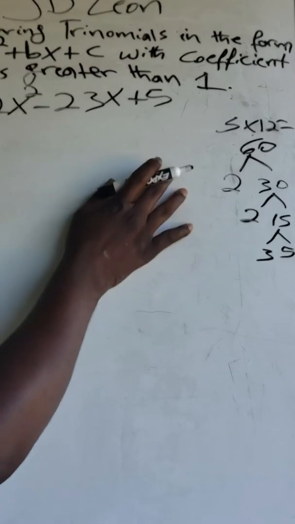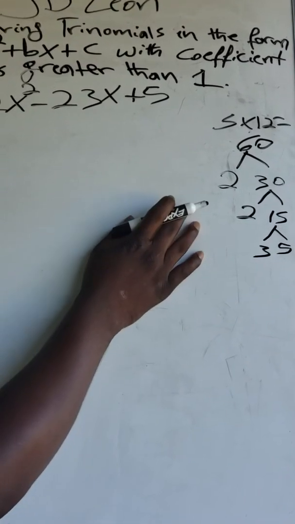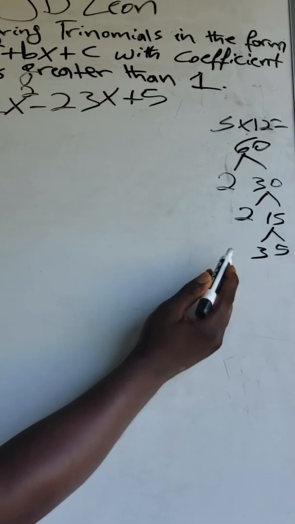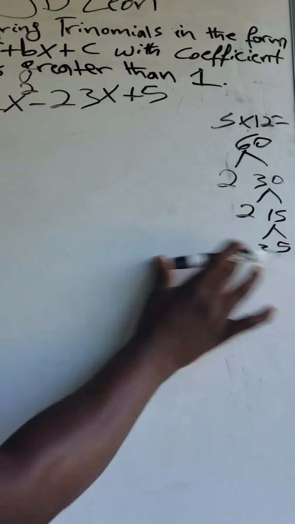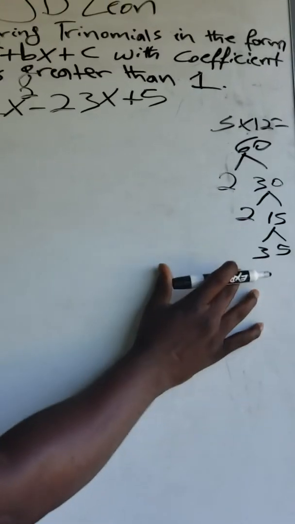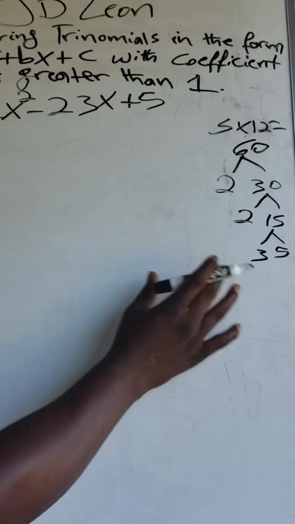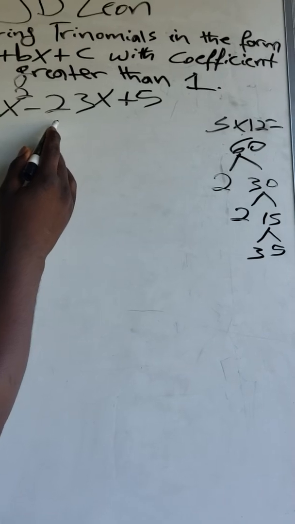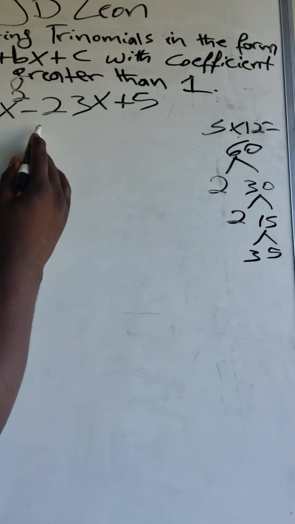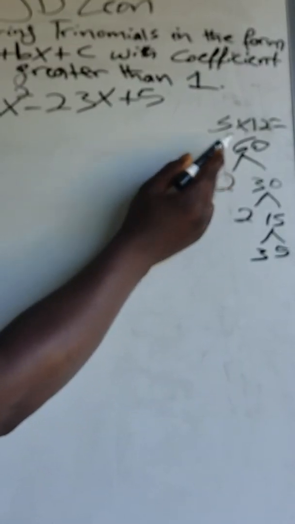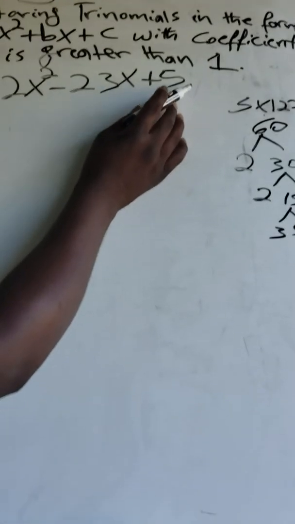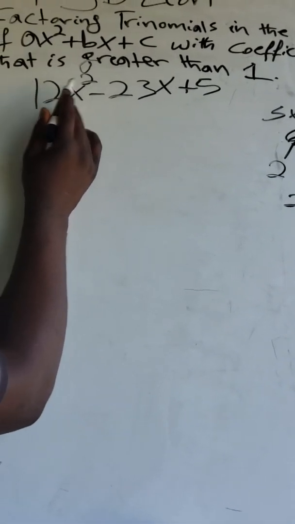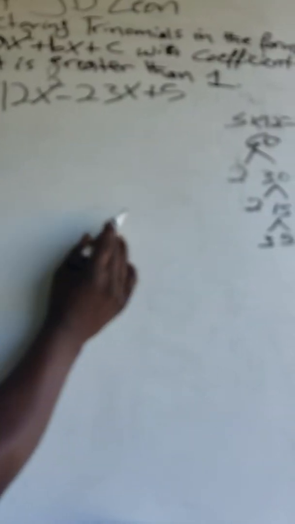So with these prime factors, we're looking for a way to combine them together, whether we multiply them or combine them. We could create two numbers with the same signs that have to add up to negative 23, and then we have to multiply the same two numbers to get the positive 60. Not to get 5, as you would do if your coefficient were 1, but to get 60.